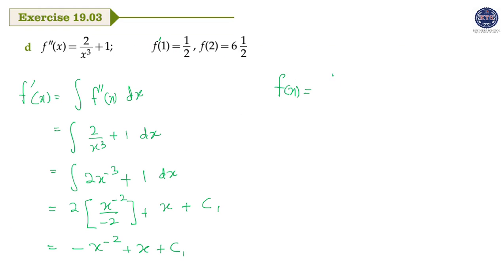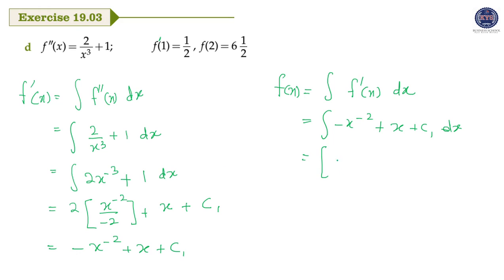So fx equal to, by integrating your f prime, which is over here, negative x power negative 2 plus x plus C1 dx. Don't worry about the C1. C1 is only a constant. Tadi ada explain, integrate constant, you dapat constant x.